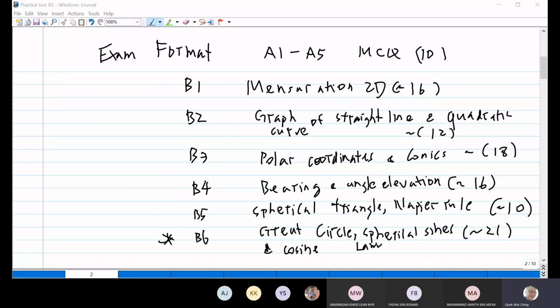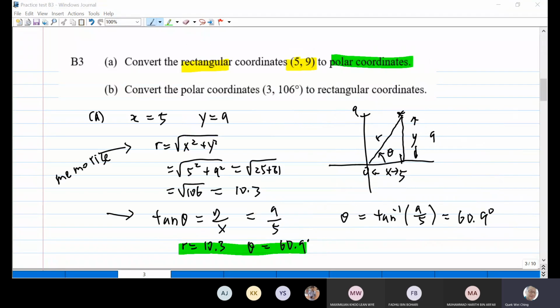Okay, then the B3A, right? So B3A, okay, B3A first. How to do this type of question? Okay, B3A and then B3B.